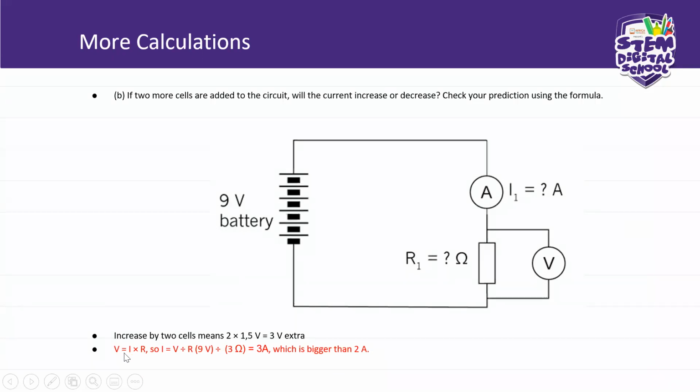Voltage equals current multiplied by resistance, so current equals voltage divided by resistance. That is 9V divided by 3 ohms, which is equal to 3 amps, which is bigger than 2. Okay? So the current will increase by 3 amps.